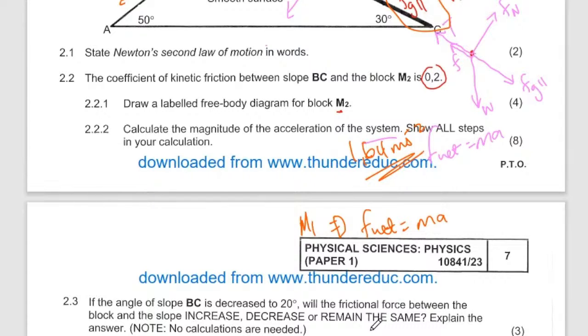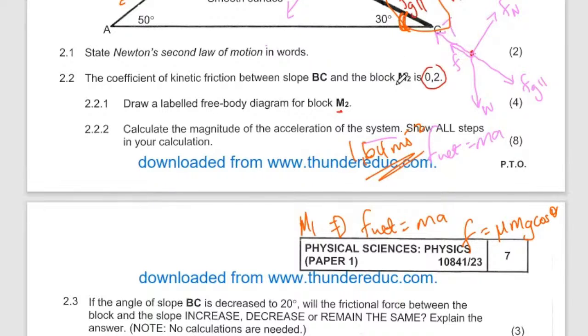So in this case, remember our frictional force. We said it's mu mg cos of theta. We just need to look at the cos of 20 and then the cos of 30. If the angle is at 30, the frictional force becomes small.